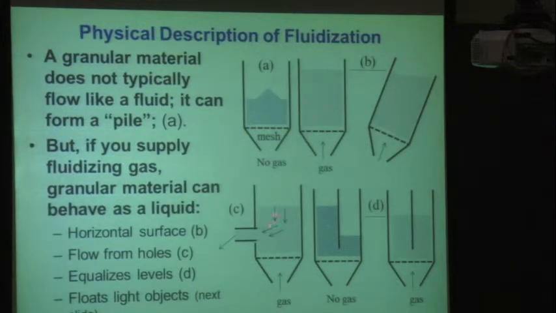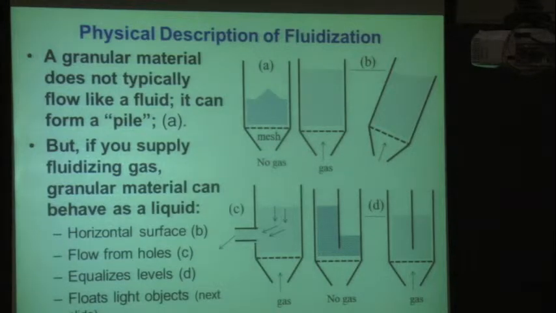And it'll flow out of a hole just like if I punch a hole in the side of a water bottle. As long as it's fluidized, it'll be able to equalize levels if I put a divider plate in here. When there's no gas, you can pile stuff in here and it'll be frictionally jammed. Now when you fluidize it, those two surfaces will level out.